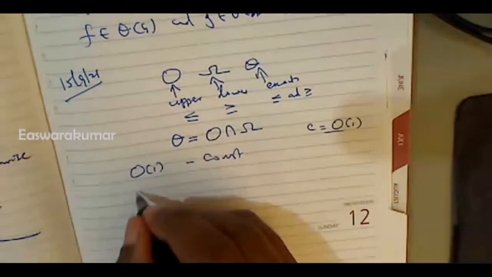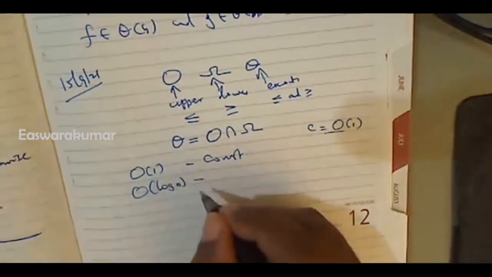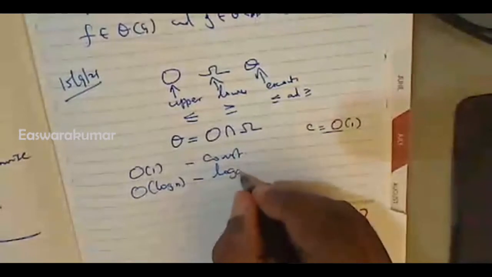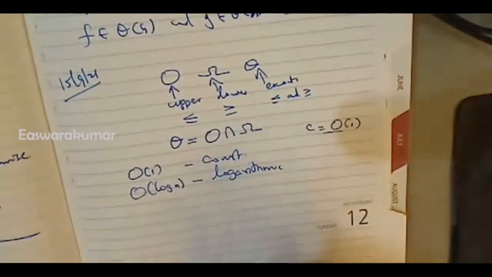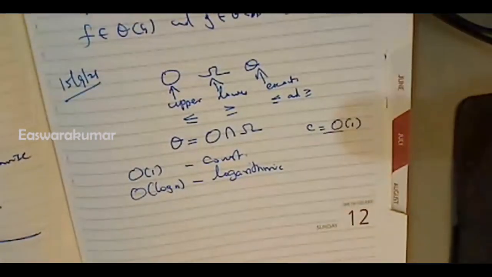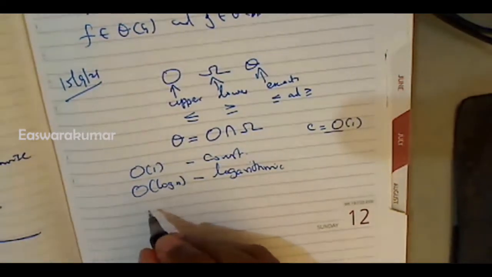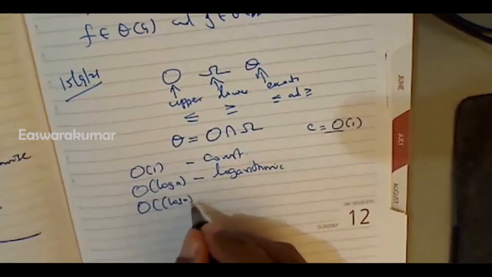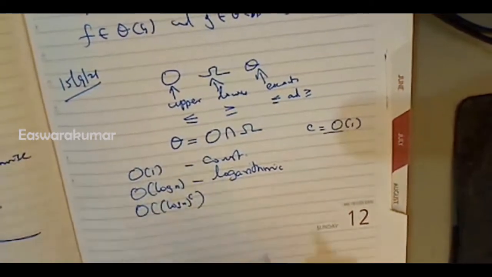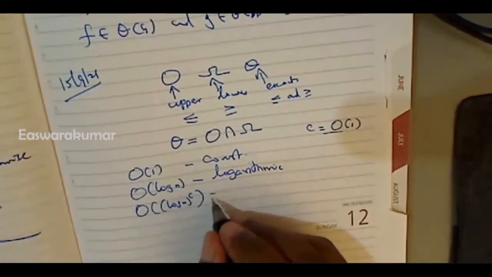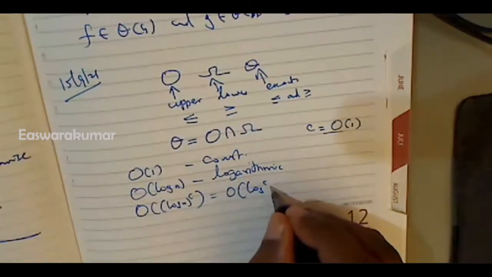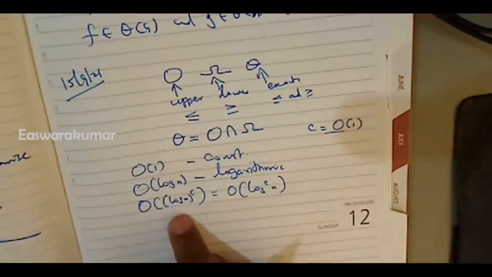And if we have the complexity like order of log n, then that will be named as logarithmic complexity. And sometimes we may have something like order of log n power c. So this can also be stated like order of (log n) to the power c. Okay, sometimes we may use this notation.